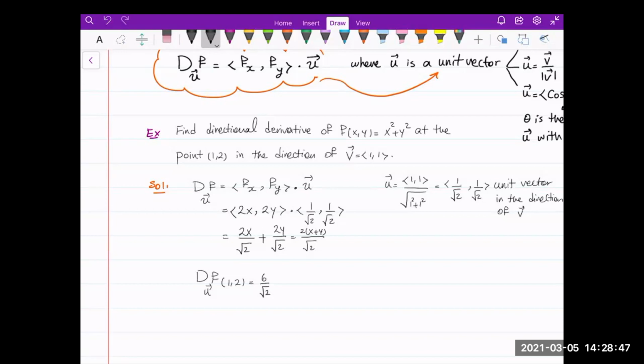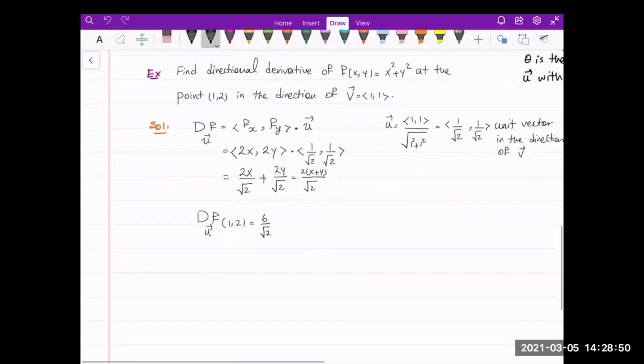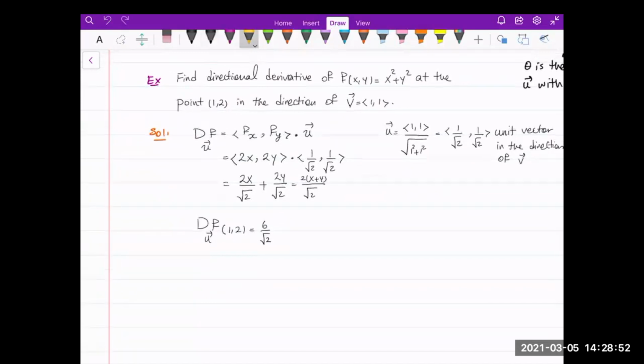Okay, so I'm giving you 2 notes. This was just calculation, so let's go to the notes.